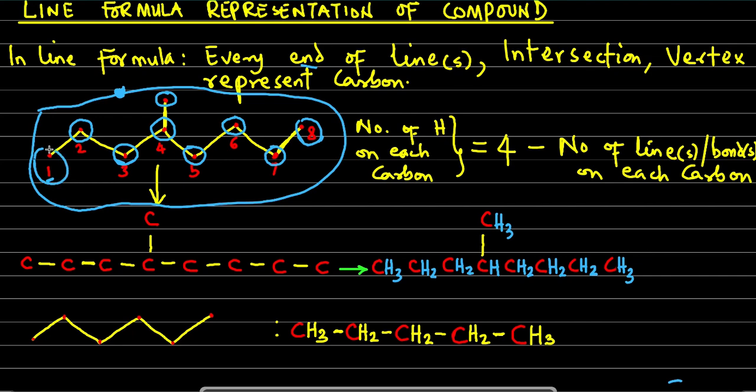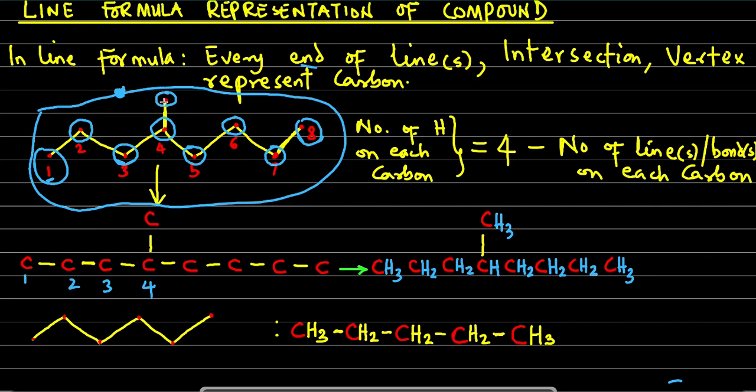So when we interpret this line formula into the normal form that many of us are very familiar with, you realize that this is carbon 1, this is carbon 2, this is carbon 3, this is carbon 4. If you notice in the line formula, carbon 4 has a projection pointing out.